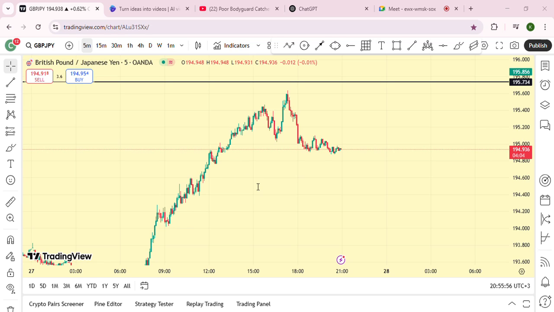That is the micro lot, and it's equivalent to $0.1. So if you're using the 0.01 lot and the market goes on your side 100 pips, you are going to have the lot value, which is 0.1 times the number of pips, and you will make a profit of $10, right?